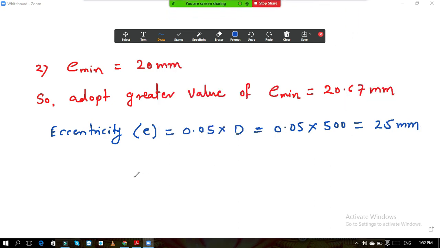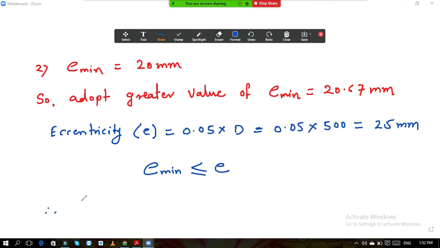Now, who is greater, e minimum or e? So e is greater than e minimum. This condition is satisfied here. And if e minimum is less than or equal to e, then we are going to use the formula for Pu.